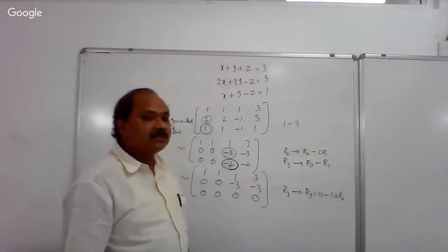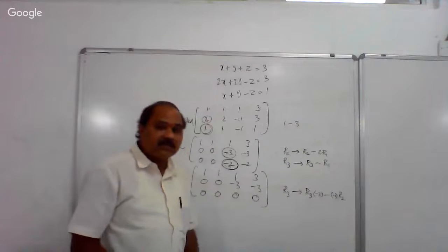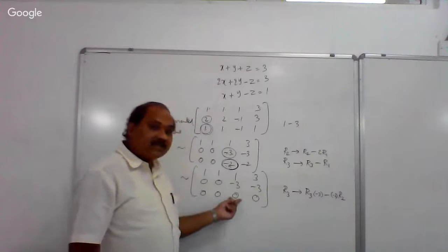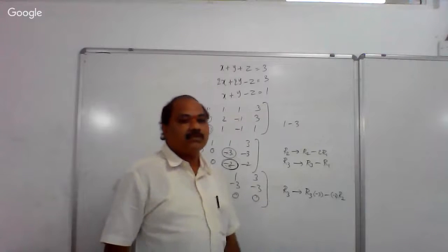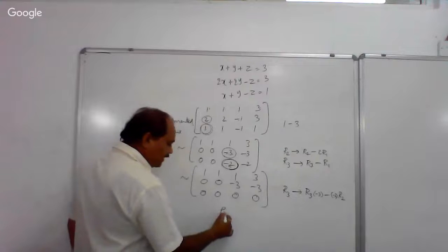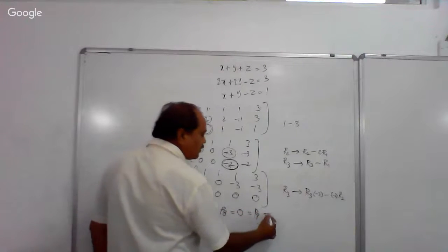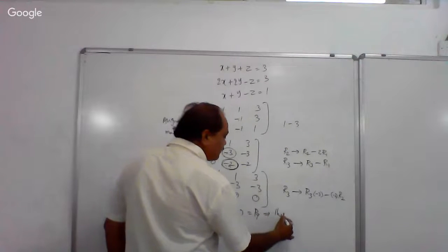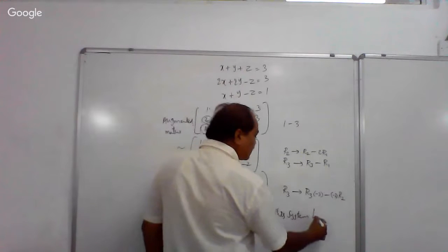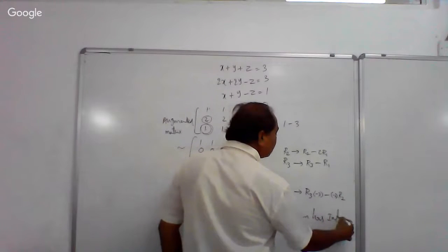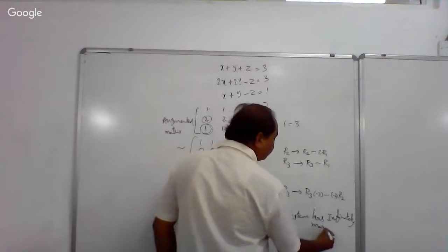Tell me which type of solution. Infinitely many solutions. Why? Because the rank of A and the rank of the augmented matrix are both equal. Therefore, this system has infinitely many solutions.